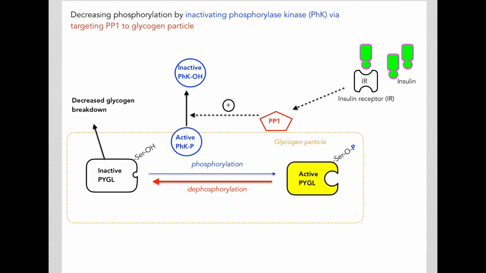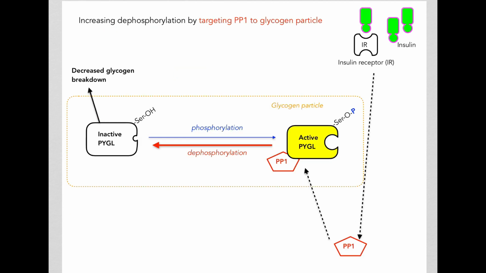So besides inactivating PHK and thereby reducing phosphorylation, PP1 being targeted to the glycogen particle also causes another effect: the PP1 at the glycogen particle will dephosphorylate this active PYGL into inactive PYGL.